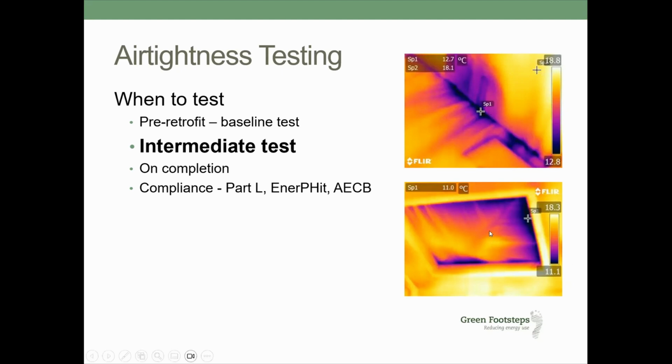And we've got a loft hatch that's been missed on draft proofing. We're seeing again the cold air being pulled around the outside of the loft hatch, just a board sitting within a frame. But the intermediate test is the time to find those things, because there'll always be something that's missed. Everybody's human.